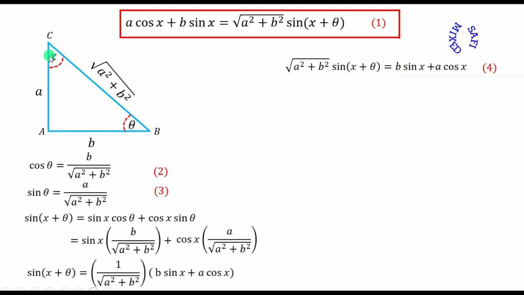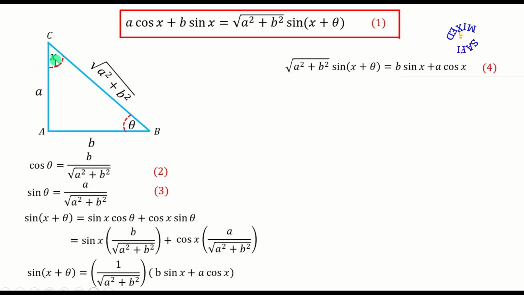So when we know about the angle at vertex C and we want to solve this triangle, then the side AC makes the base and side AB is the perpendicular of the triangle.